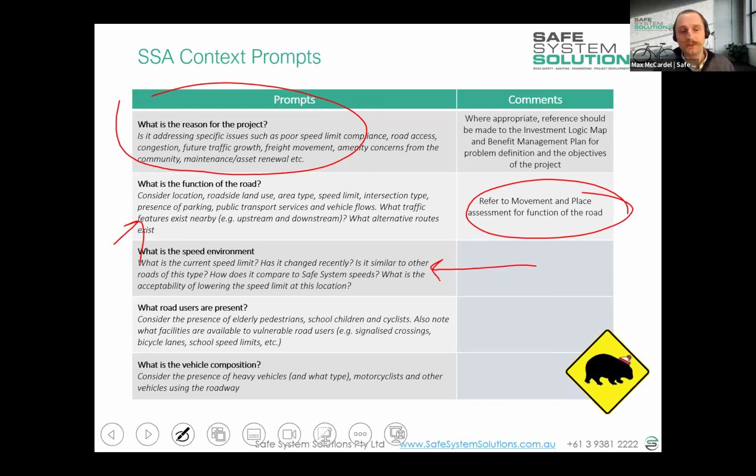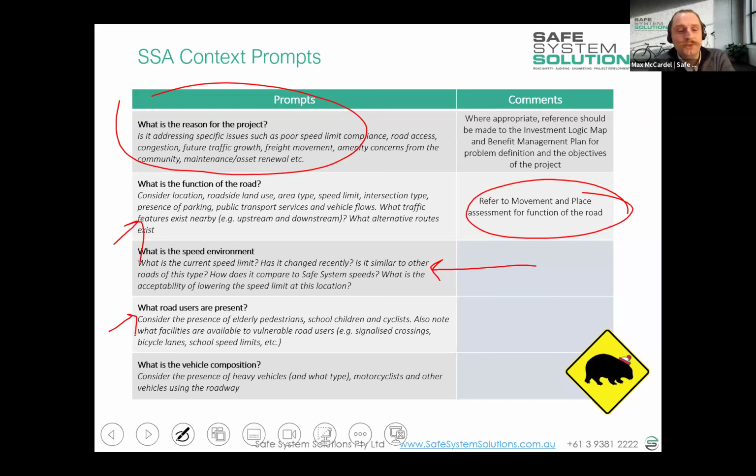Speeds are very important to mention. You discuss the speed limit, but also, if you've got it, the operating speeds of the environment, so you've got a good understanding of how road users are actually operating within that space.